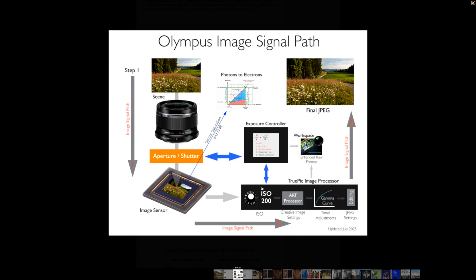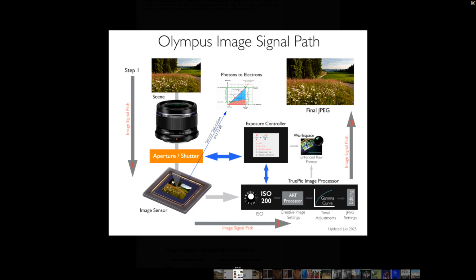Here we can see the main functions that we are interested in inside the image processor, and then the final editing steps, and then saving the image onto a memory card. What is important to note here is that I control the amount of exposure I'm giving the sensor through the aperture and shutter.